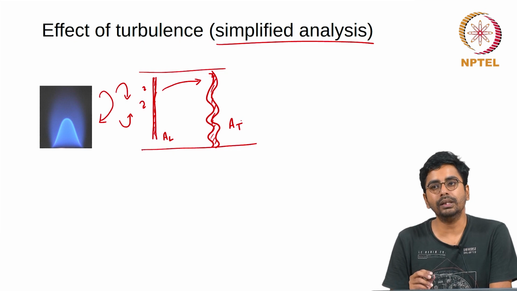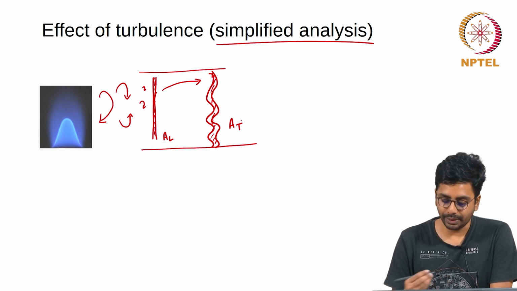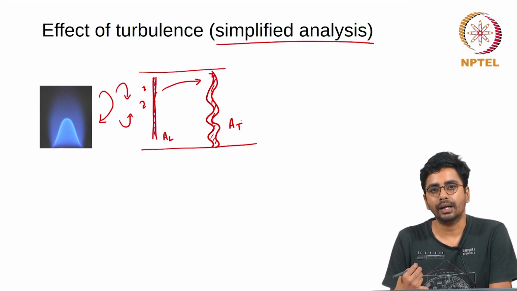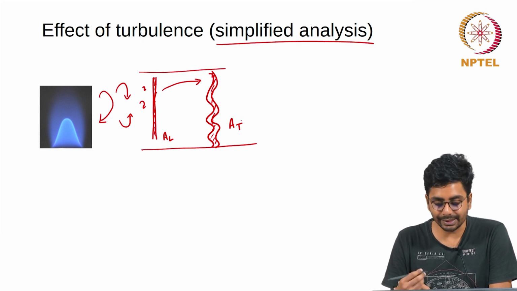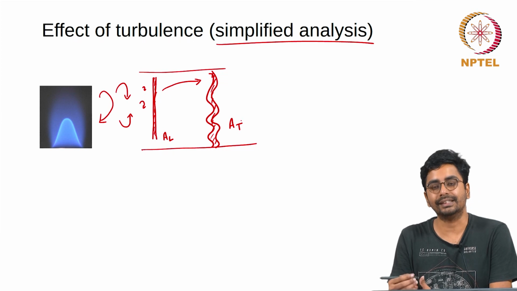So one simple way of looking at the effect of turbulence on premix flame is to quantify the increase in the consumption rate of the fuel air mixture in terms of the increase in the surface area.